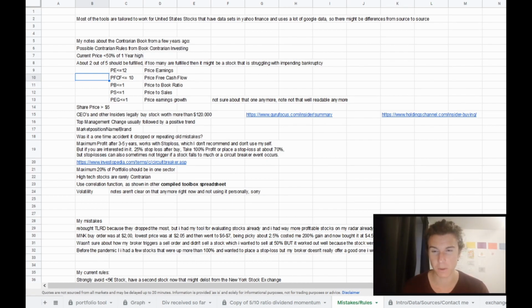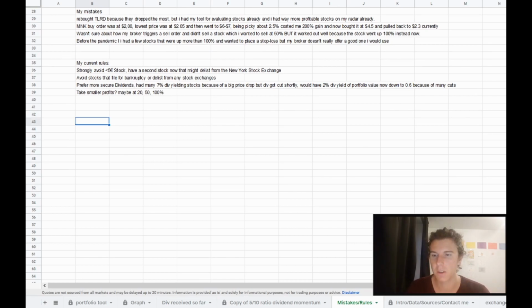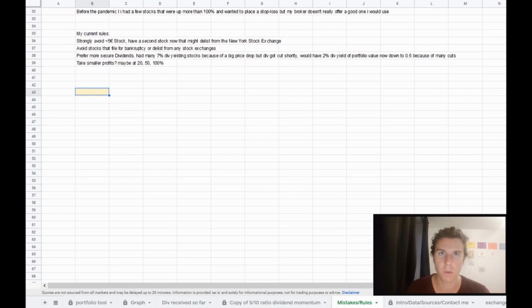For example, price to earnings, how much a company earns compared to the price, then how much free cash flow the stock generates per year, or on average, compared to the price, then price to book, all of the balance sheet basically, and the price, then how much sales they generate compared to the price, how much the earnings grow per annum compared to the price, and share price usually has to be above $5. You can just read through all of that if you're interested, and then you just add all of your own ones down there, or you just delete mine, which is totally fine for me.